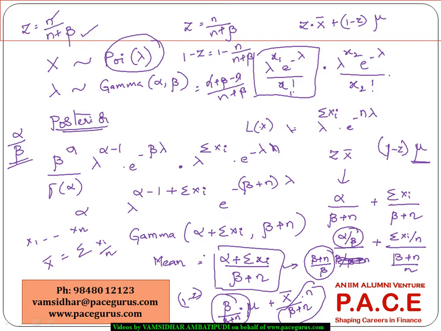So the overall estimate of the posterior distribution is very well expressed in the form of a credibility estimate. Some weightage goes to the mean based on my own data, and some weightage goes to the mean computed from the prior gamma distribution. And Z in this case, the credibility factor, comes out to n divided by n plus beta.